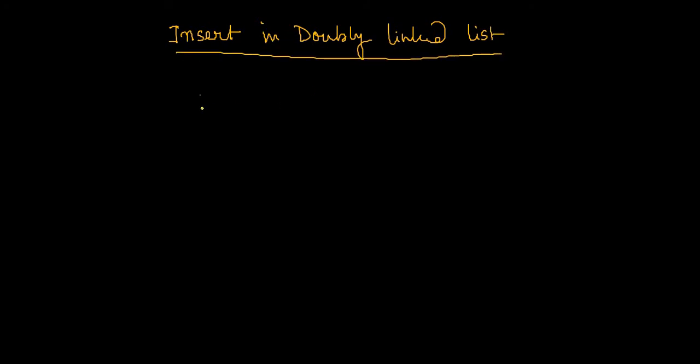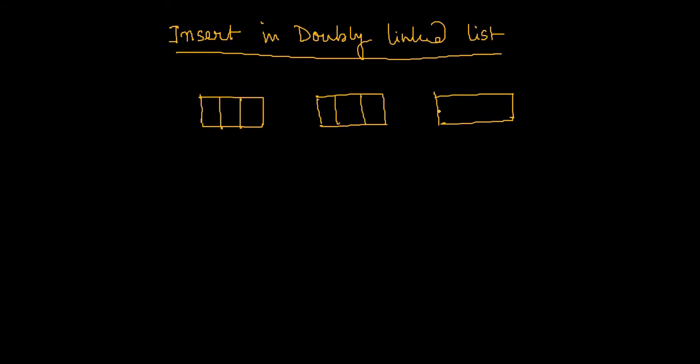so we have a doubly linked list something like this. A situation is something like this. And obviously this is null, this part.